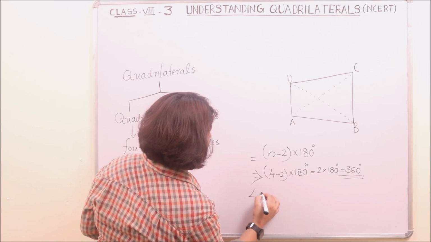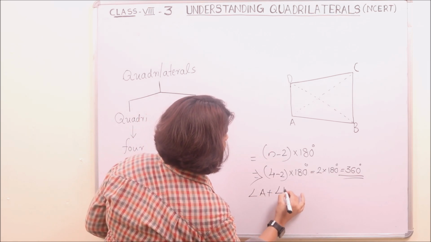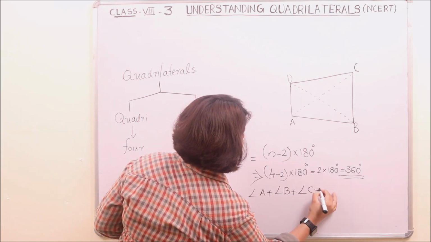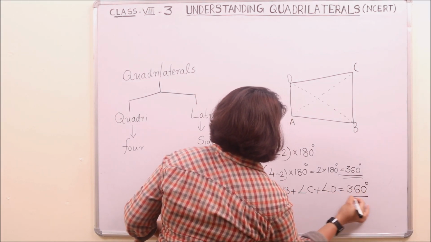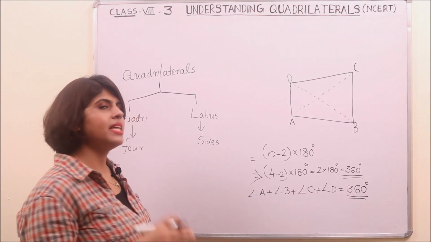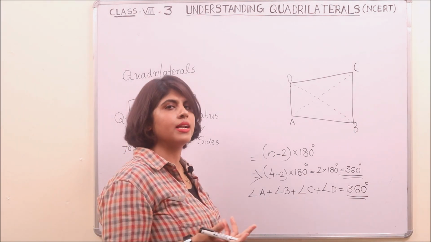So we can say angle A plus angle B plus angle C plus angle D equals 360 degrees. Clear?